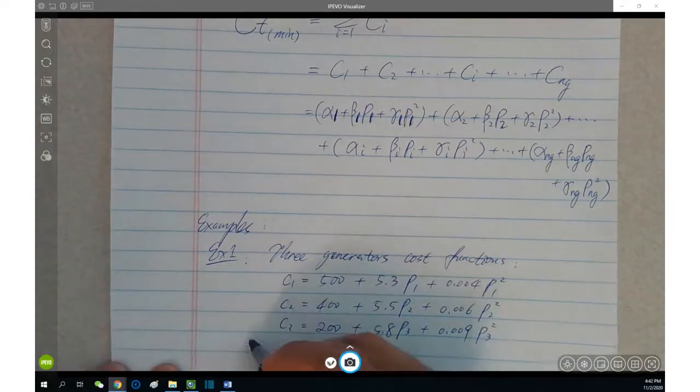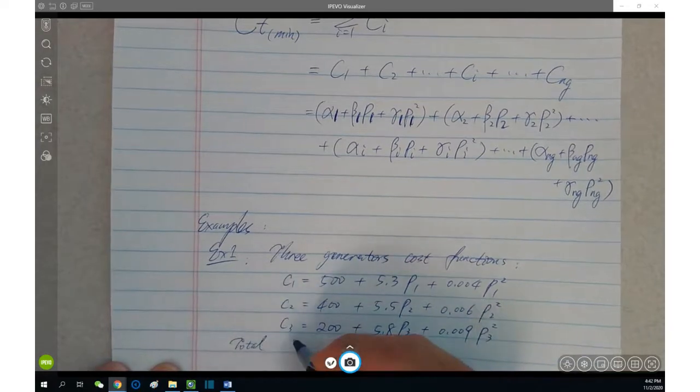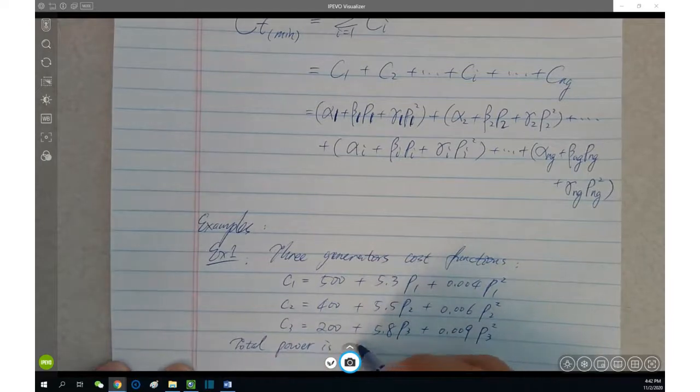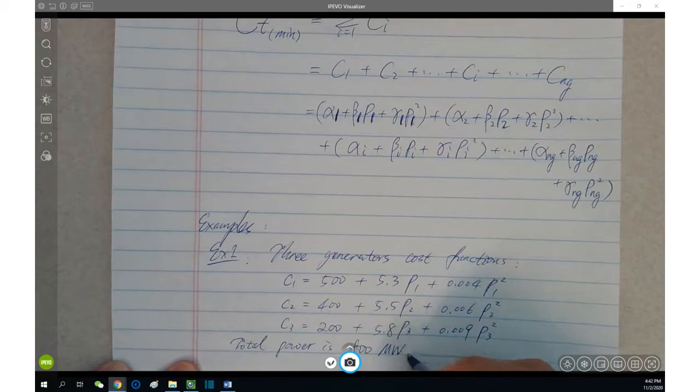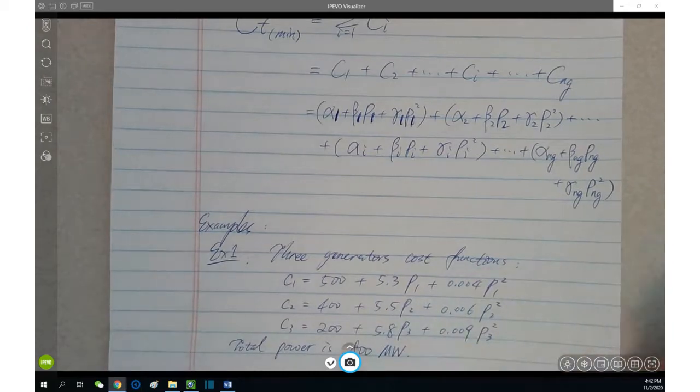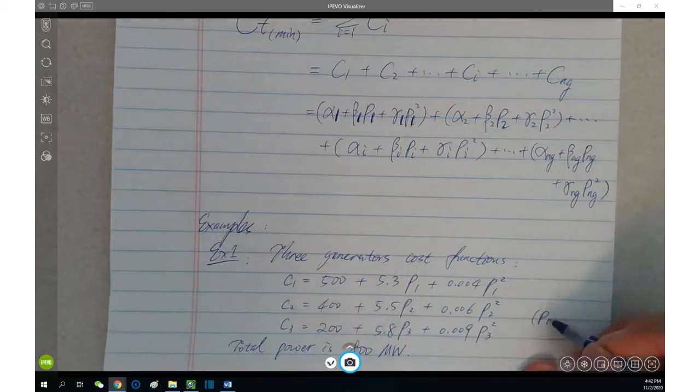So here is telling you the total power is 800 megawatt. And here, PI in megawatts as well.